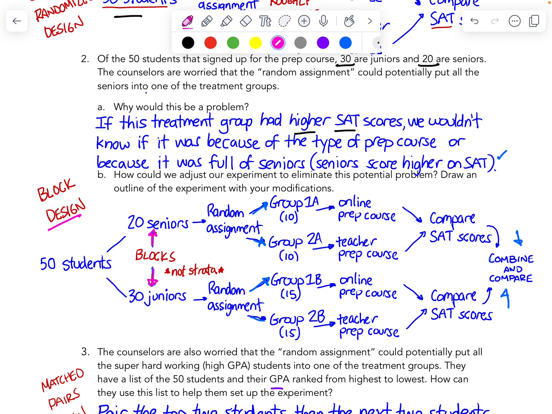We then go through a random assignment process for each of those groups, right? Meaning 10 seniors go into the online prep class, 10 seniors go into the teacher prep class, and for the juniors, 15 and 15. We can compare scores, and then at the end, we can combine and compare scores, right? Controlling for this will allow us to see more clearly what would happen.